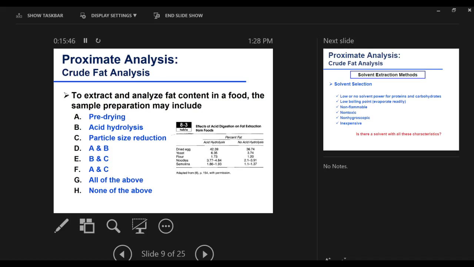So no acid hydrolysis, you have about 6% less fat extracted. And with noodles, for example, they're low fat, but without acid hydrolysis, you get even lower values for fat. So basically, it helps when you have high carbohydrate, mostly high protein, low fat. This will help extract the fat better.